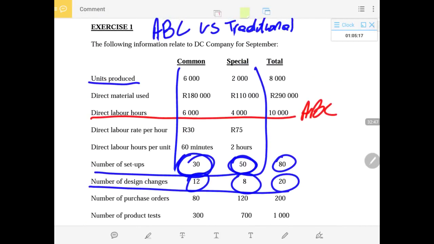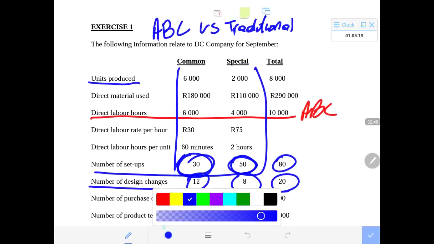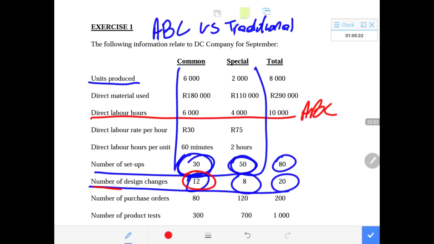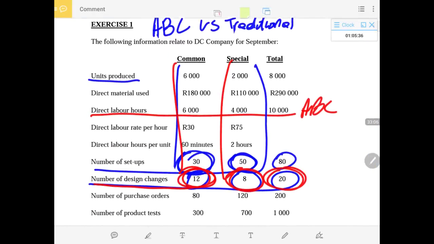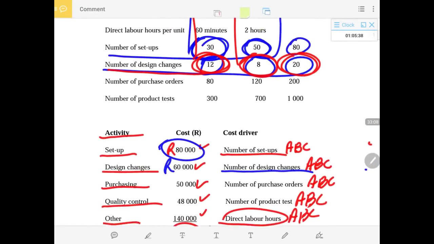Let us make sure that this is very clearly visible. We have 12 design changes for product common and 8 for product special, and the total is 20. Remember, our focus is to get to the total first, and the cost we know, it is 60,000.